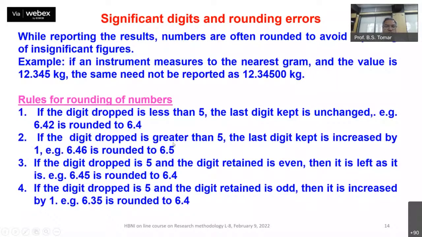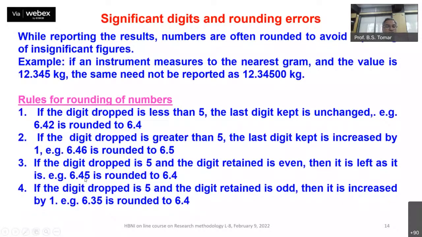If the digit dropped is greater than 5, the last digit is increased by 1. Like if it is 6.46 instead of 6.42, then it becomes 6.5. So that is the difference. Now if it is exactly 6.45, what do you do? If the digit dropped is 5 and the digit retained is even, then it is left as it is.